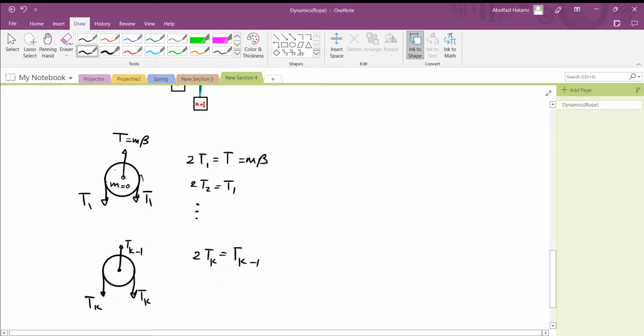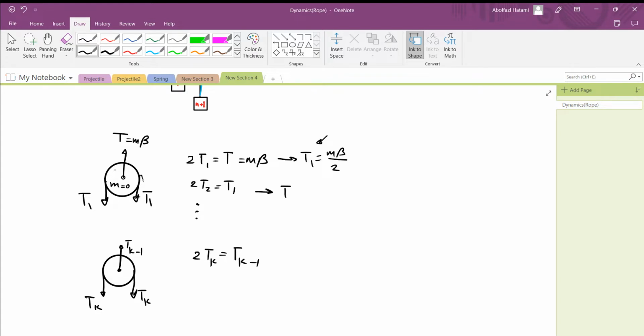So here we can obtain that T1 is m beta divided by 2, and if we substitute this into the second equation, we can obtain that T2 is equal to m beta divided by 2 to power 2.